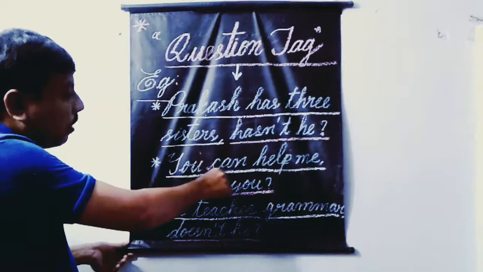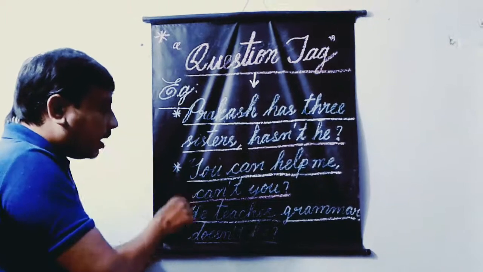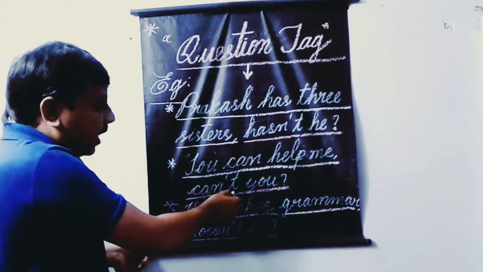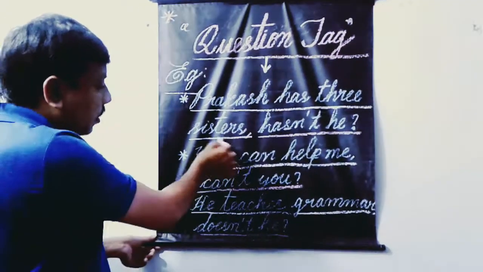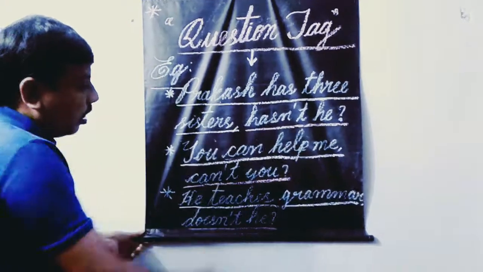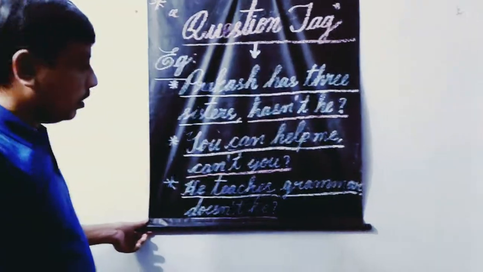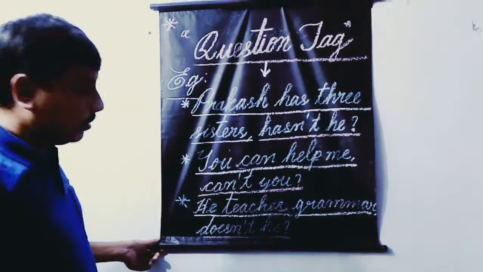If you find an anomalous auxiliary verb in the statement, the anomalous auxiliary verb is to be repeated in the question tag in the negative form. Later we should use the given subject after this anomalous finite verb. A question mark is to be kept after the question tag.